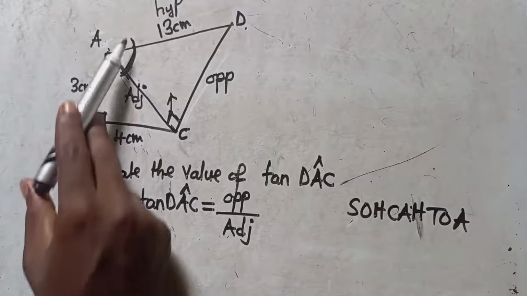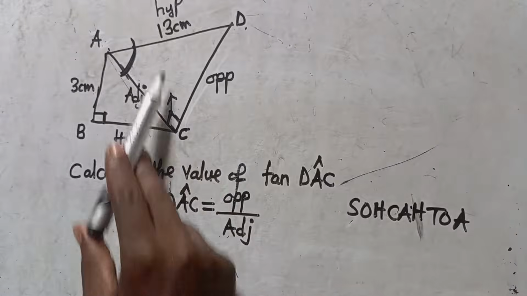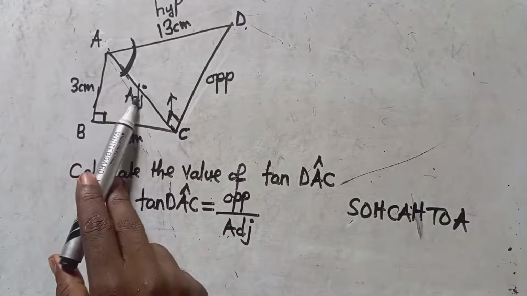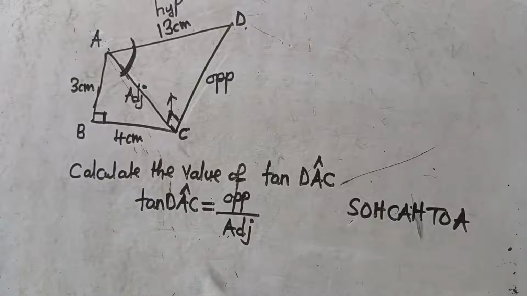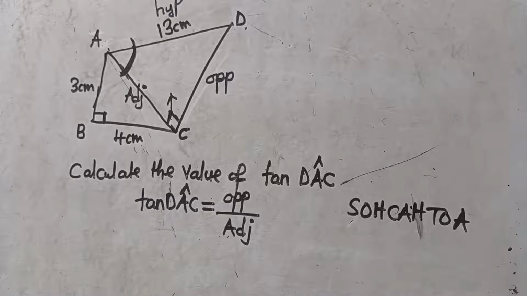This side AC is adjacent. We don't have the adjacent, we don't have the opposite. We need to calculate this by using the Pythagoras theorem.